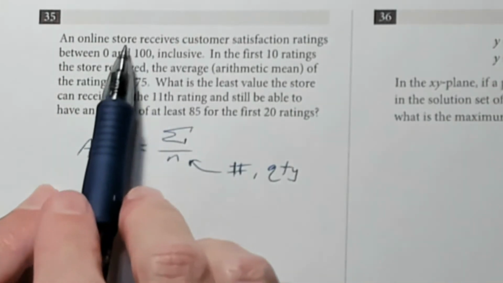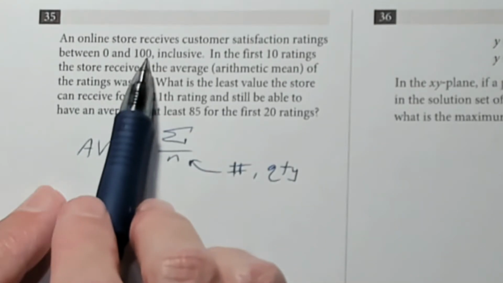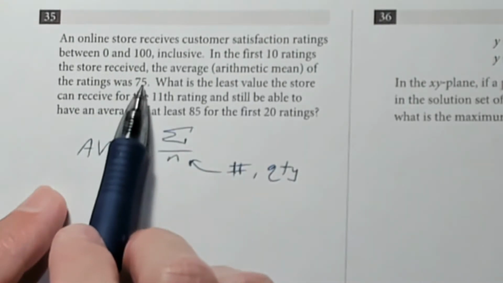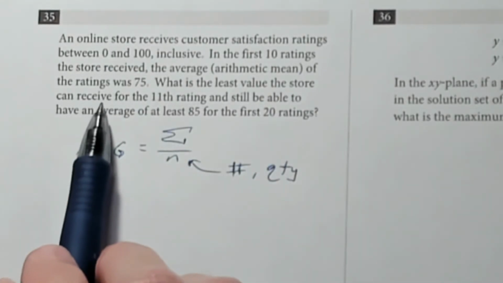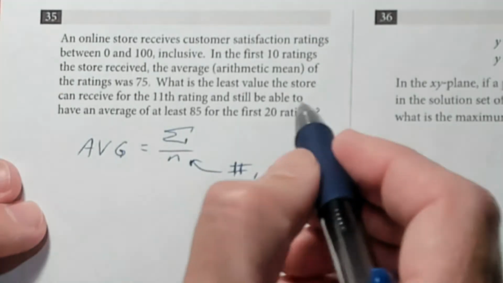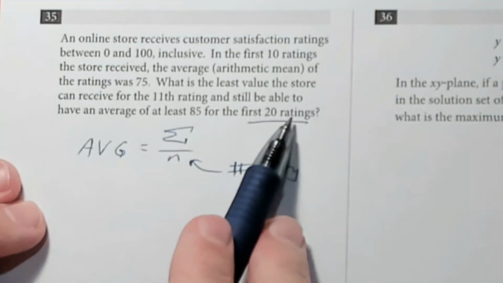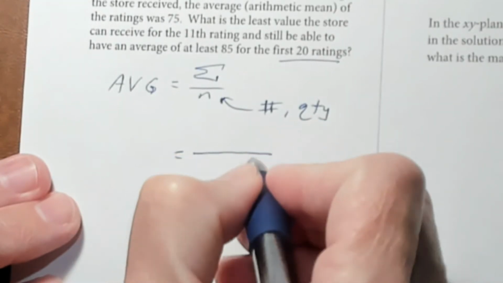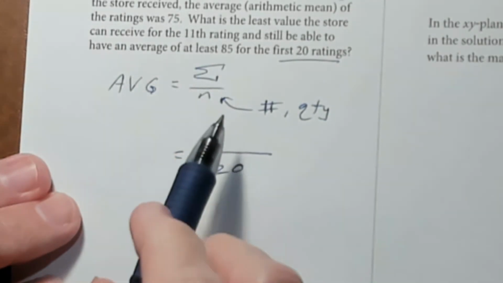Okay, so we've got from 0 to 100, those are the possible values. The first 10 ratings received an average of 75. What's the least value the store can receive on the 11th? And we'll still be able for the first 20. So the new total is going to be 20. That's going to be your n. So we know the bottom here is going to be a 20.